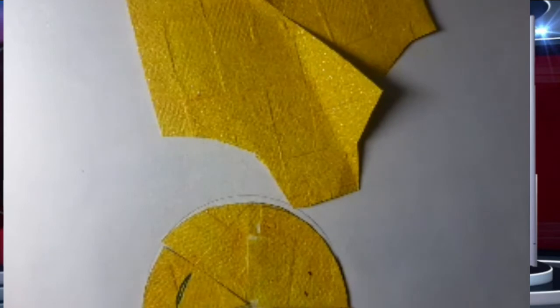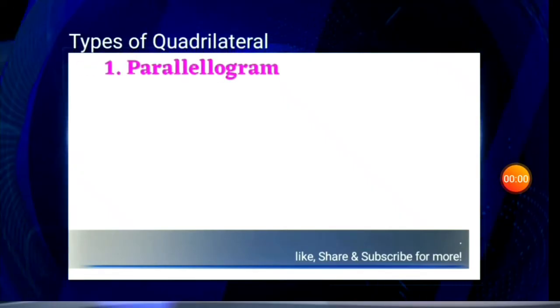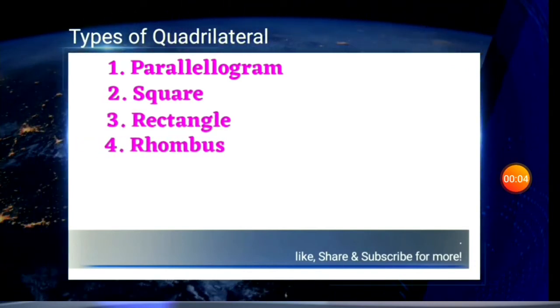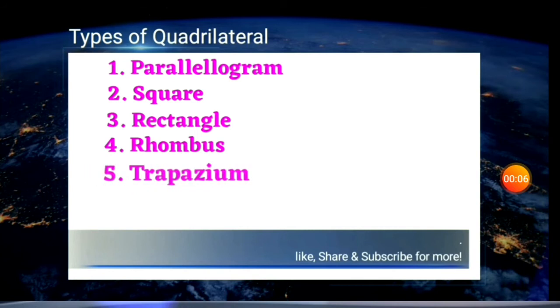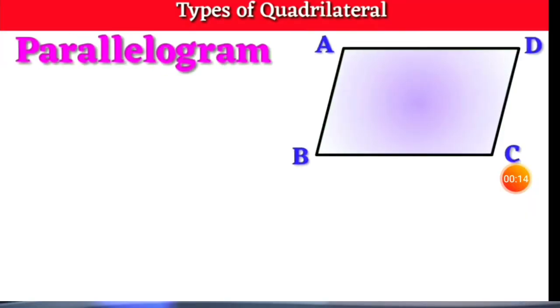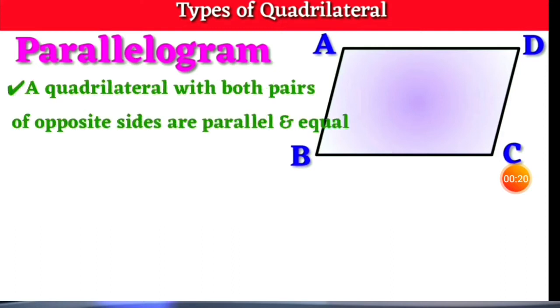Now we will learn about types of quadrilaterals. There are 6 types of quadrilaterals: parallelogram, square, rectangle, rhombus, trapezium, and kite. First one is parallelogram. In a parallelogram, we can see a quadrilateral with both pairs of opposite sides parallel and equal.